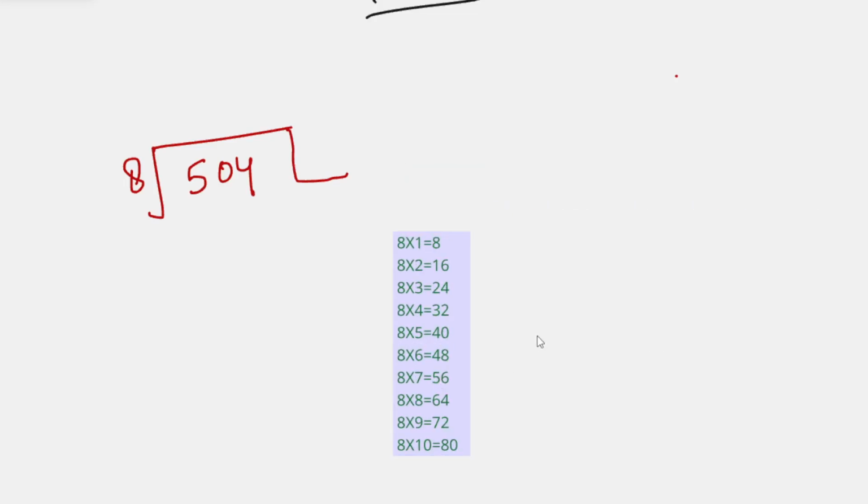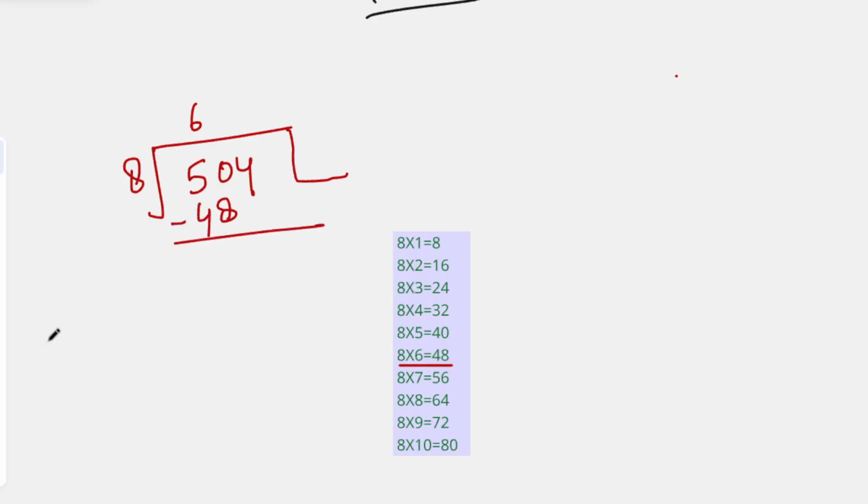Now read the table of 8 and look carefully where we get 50 or less than 50. See, if you go to 8 sevens are 56, 56 is greater than 50, so it will not work. So we come to 8 sixes are 48.